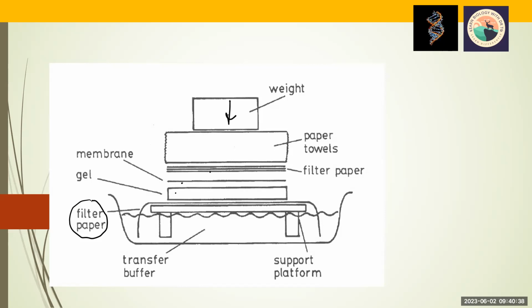When they keep the weight, everything is pressed. So it provides a good pathway. The buffer solution can move upward. So this big paper towel serves as a reservoir. The more buffer is going, this buffer soaks the upper paper towel.